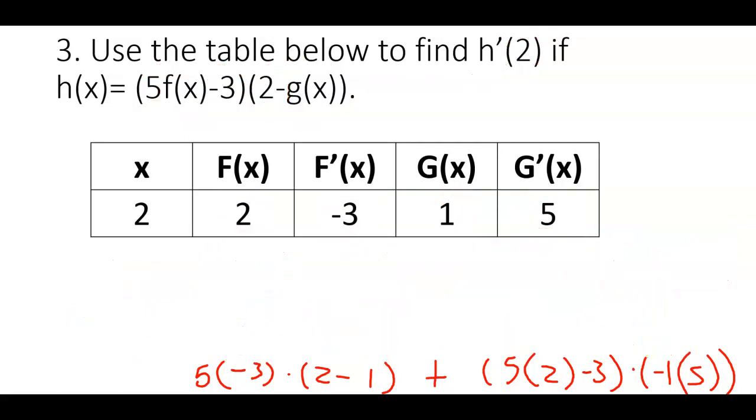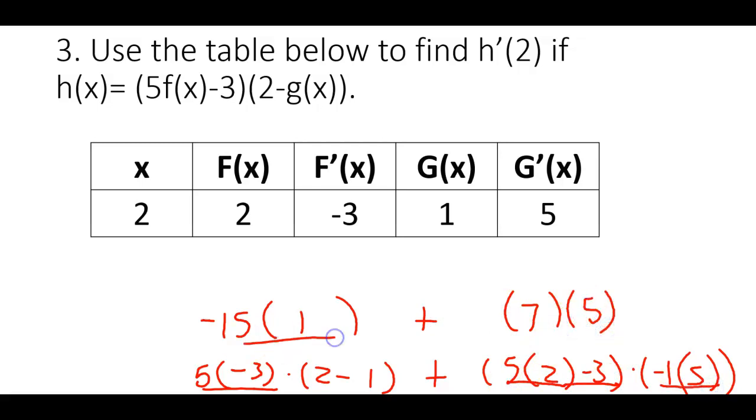So we have 5 times negative 3 is negative 15. 2 minus 1 is 1. 5 times 2 is 10. Minus 3 is 7. And negative 1 times 5 is 5. And we have negative 15 plus 35. Final answer is 20 if we put the negative 15 together with the 35.